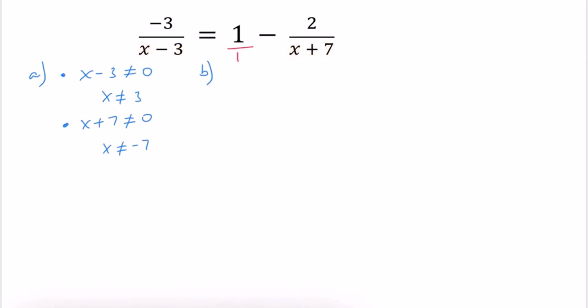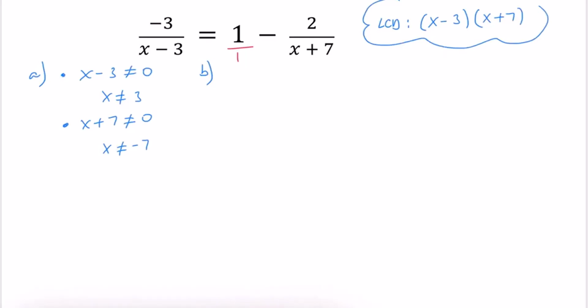The common denominator is a combination of each group. So we have the group x minus 3, and then we have the group x plus 7, and the number 1, which we don't need to write. We need to multiply everything by x minus 3 times x plus 7.